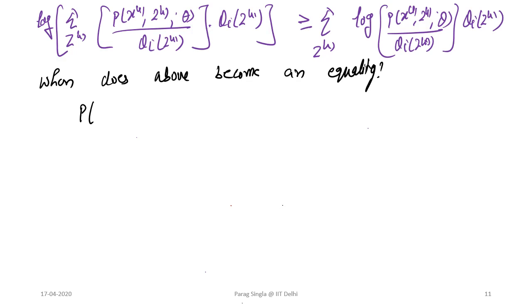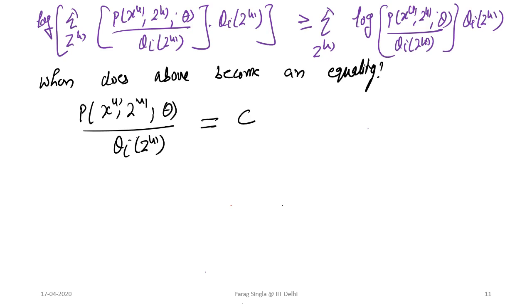And this is exactly when p(xi, zi; theta) over qi(zi), if this entire quantity becomes equal to some constant c, then the expression inside the log will be just a constant, and the two sides will become an equality.